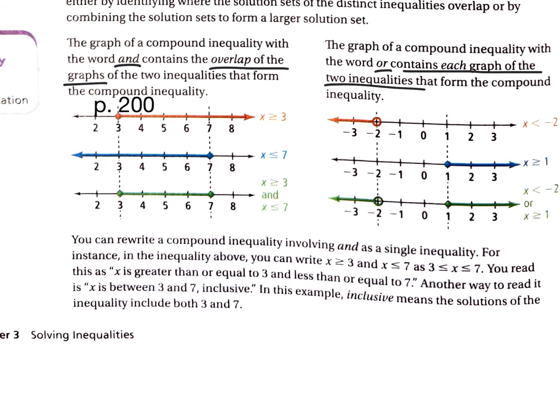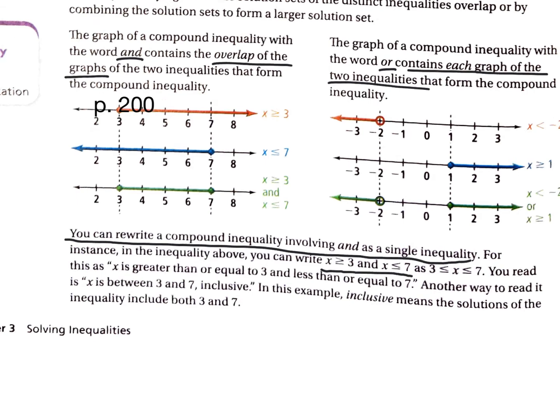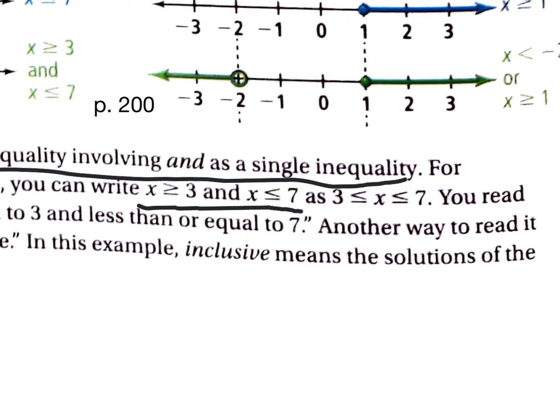And the deal is, if you have the word and, you can rewrite those as a single inequality. So for example, if you have x is greater than or equal to 3 and x is less than or equal to 7, that could be rewritten this way.